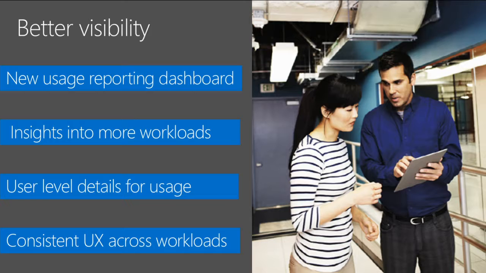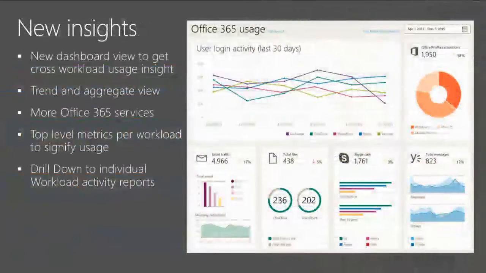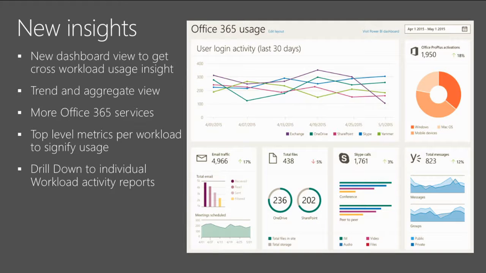So I'm going to walk you through some of the early concepts of designs and some working prototypes of the changes that you're going to see in the next few slides here. So introducing the Office 365 usage dashboard, where you're going to be able to get a quick overview of how people within your organization are using Office 365.